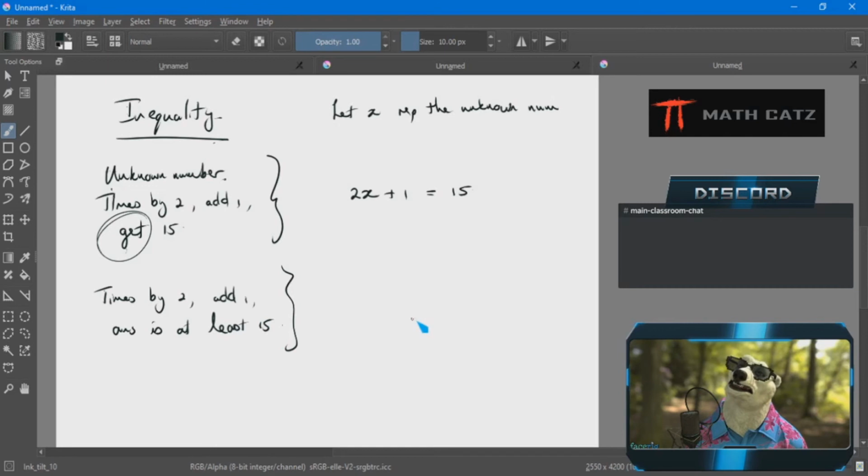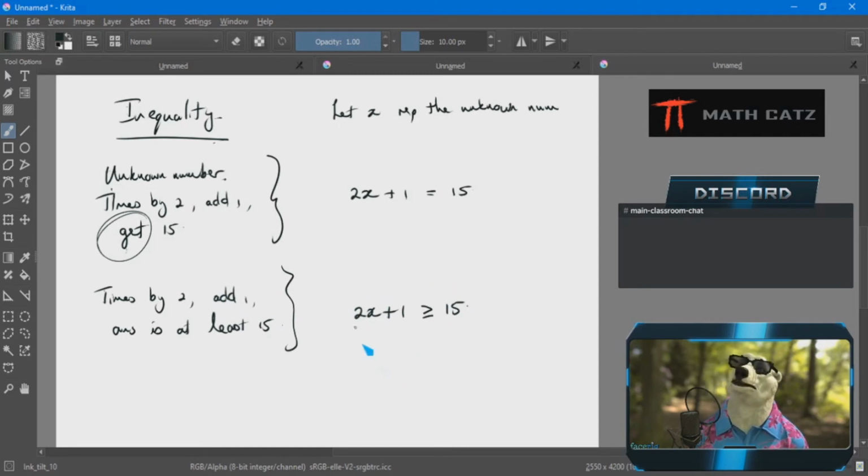My translation, of course, has to reflect that. The information has changed, so my sentence in the mathematical language has to change as well. It's still going to be 2x plus 1, but now I have greater than or equal to 15. I don't know exactly what my answer is. It's just going to be 15 or more. It's a little less precise, which means my mystery number is not necessarily going to be a single number, but there are multiple possibilities.